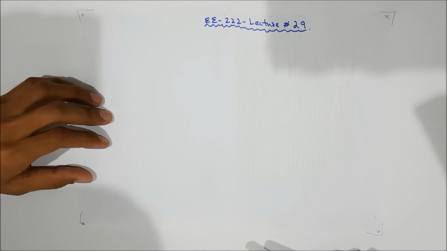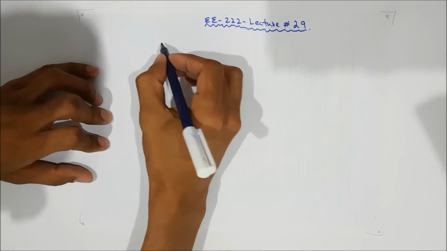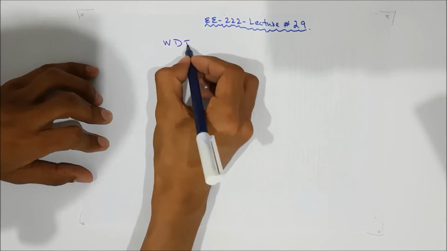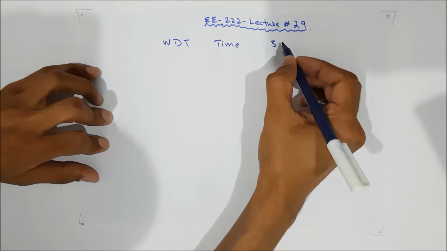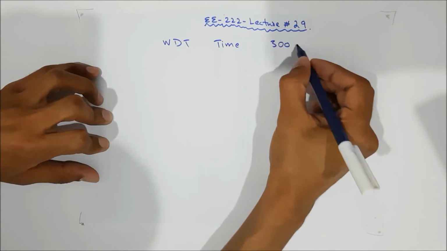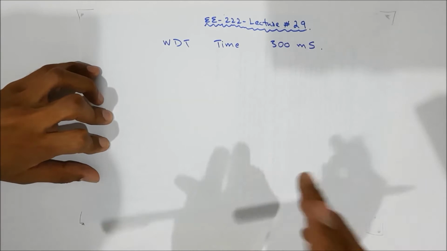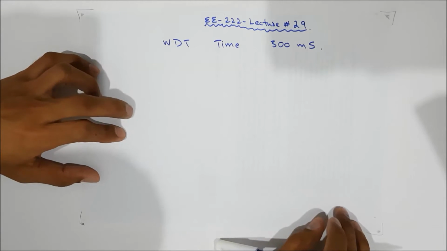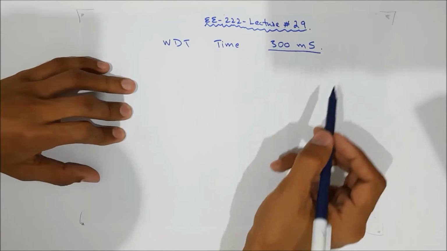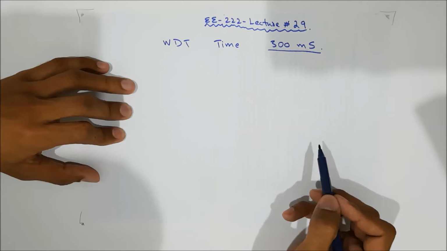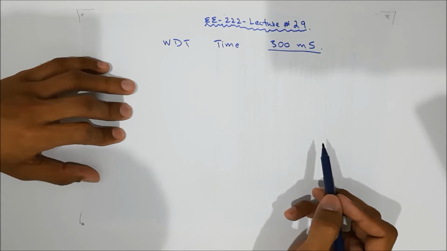So when we turn on the watchdog timer, the second option we get in the configuration bits is the overflow time. For example, if I set the WDT time to 300 milliseconds, the watchdog timer will start running, and after completing 300 milliseconds, it will overflow and it will start running again.